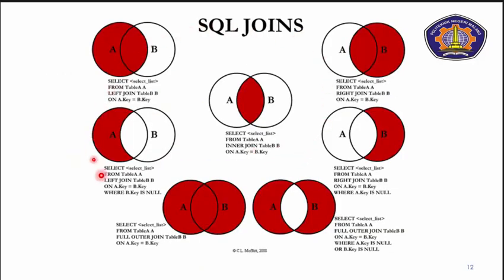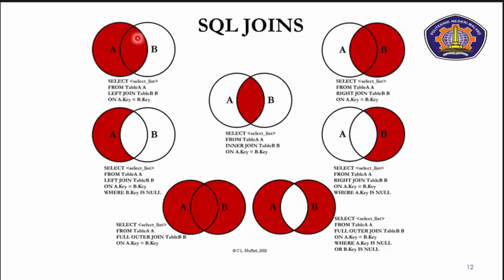This is an illustration of the joins. We have left join. You can take a more detailed look at the circle that has the red color here. This one is left join, and this one is right join.